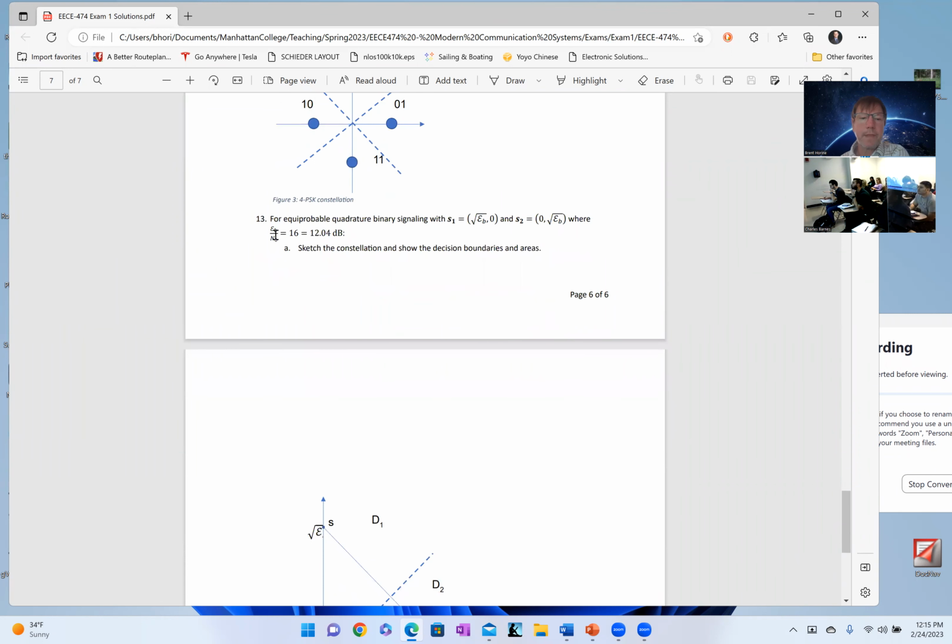So here I gave you a signal to noise ratio, or the bit energy to the noise energy. I use both energy and power, and we know that they're related. Power is energy in a particular time, whereas energy is over all time, right?